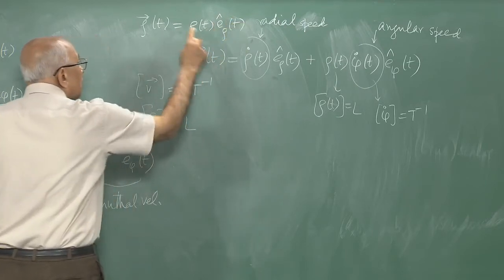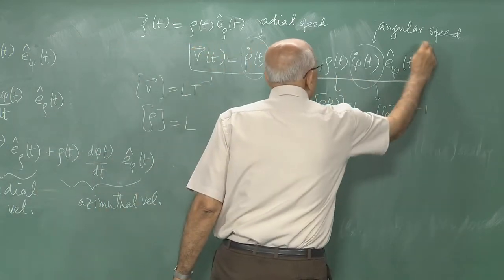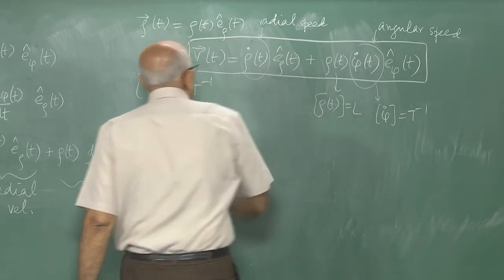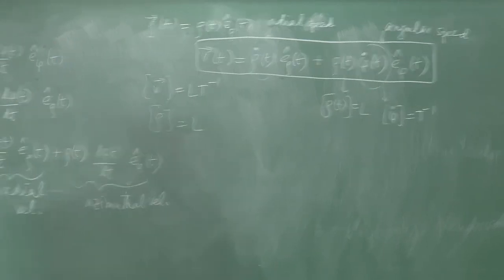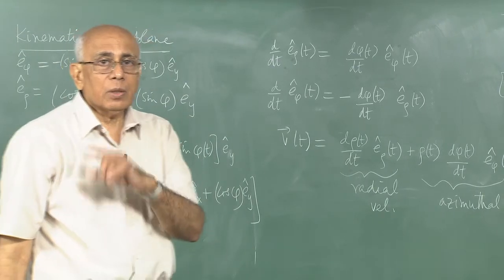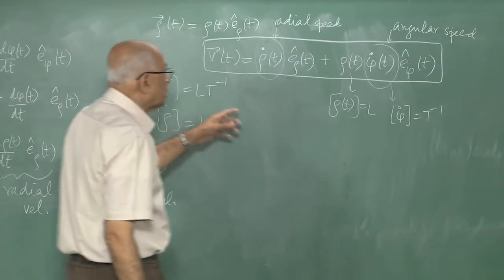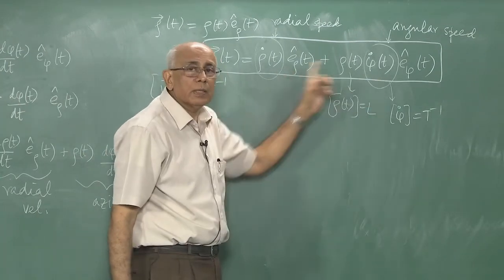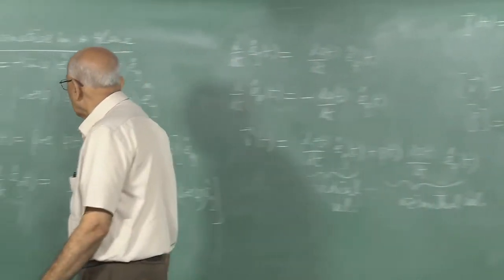So we started with that, and we have derived this fundamental relation here, which tells you that the velocity would in general have two components, one because the distance from the origin is increasing or decreasing, and the other because the azimuthal angle of a point on the path is changing, and these are the two components.